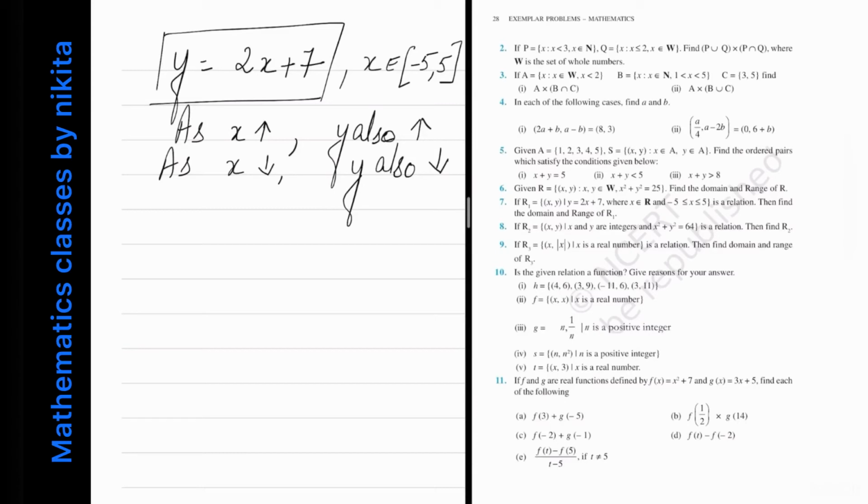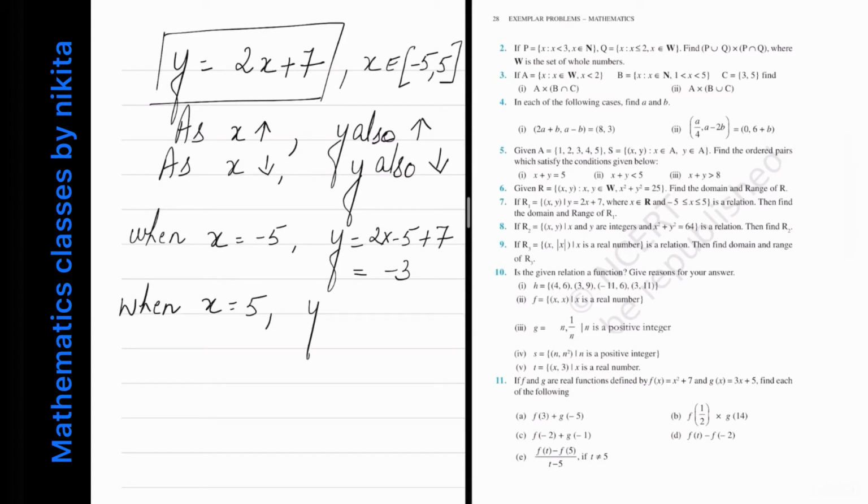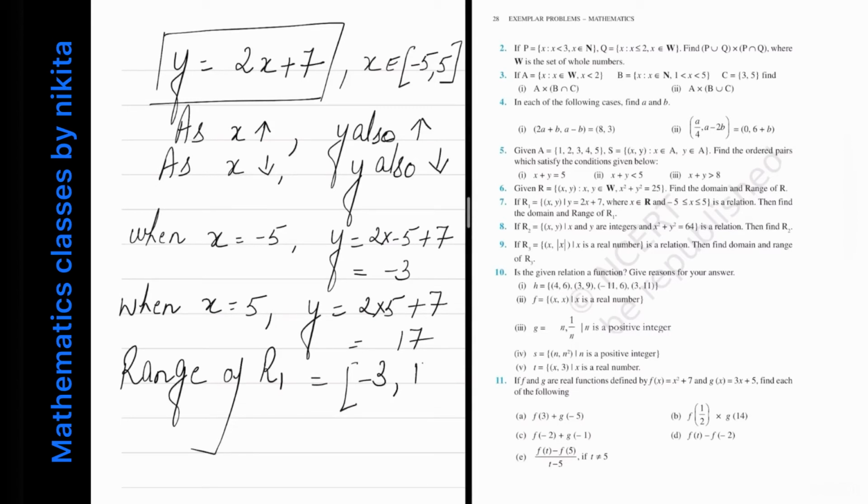So when x is equal to -5, y is equal to 2 into -5 plus 7, because this is the minimum value of x. So from here you will get -10 plus 7, which is equal to -3. And when x is maximum, that is when x is equal to 5, y is equal to 2 into 5 plus 7, which is equal to 17. Therefore the range of R1 is equal to the closed interval -3 to 17.